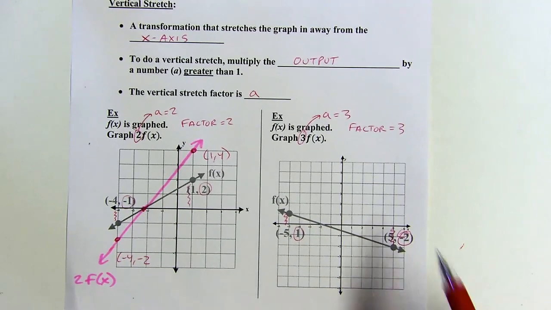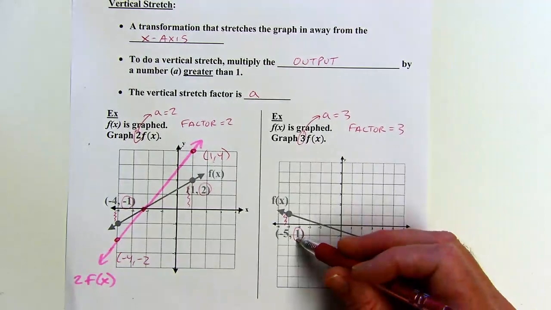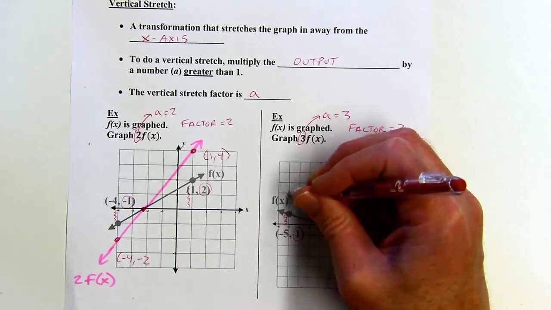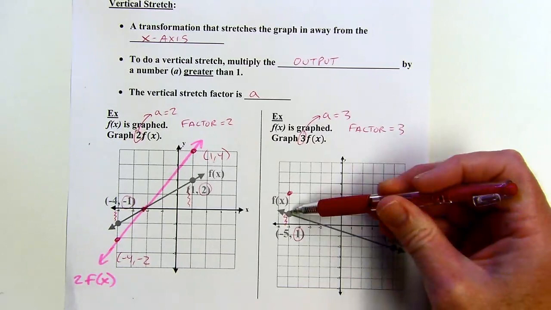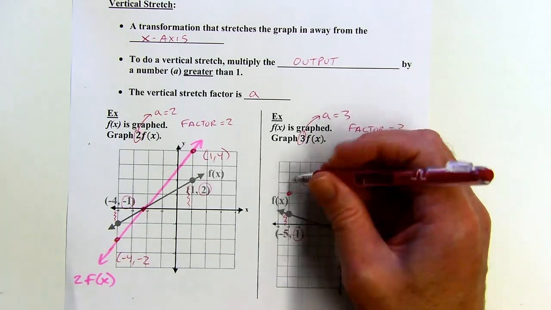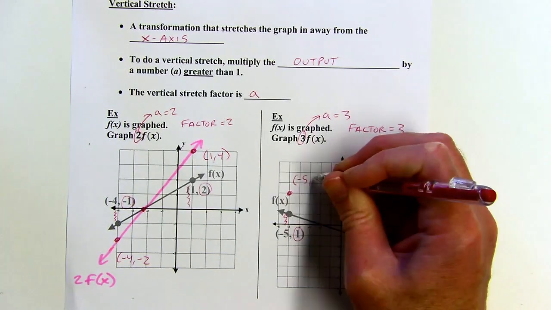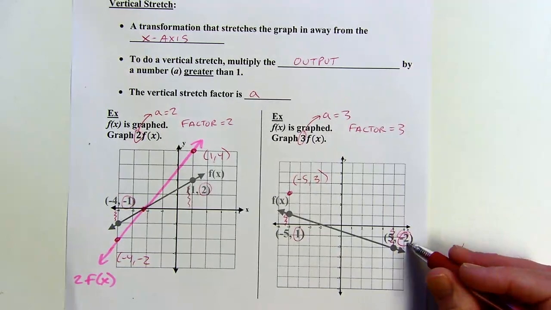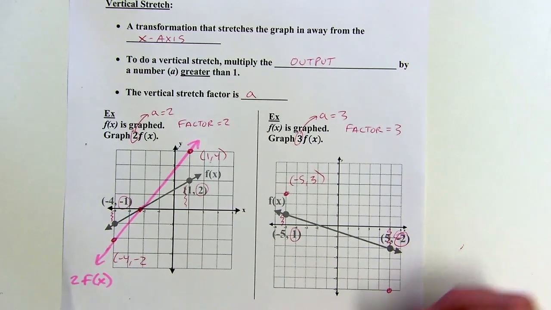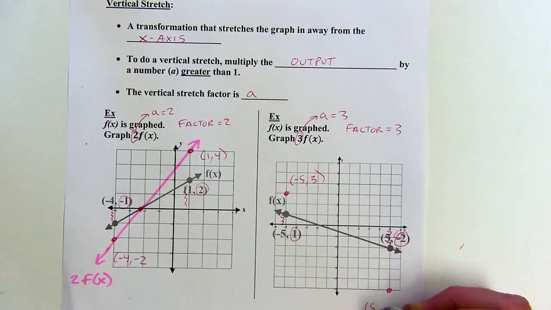Okay, so multiplying 1 by 3 would give me 3, so this would be -5, 3. I'm not going 3 units up from this point, I'm going 3 units up from the x-axis. So this is -5, 3, and multiplying -2 by 3 gives me -6, so that would give me 5, -6.